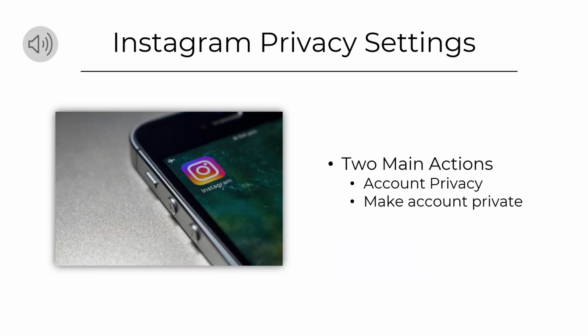So for setting privacy settings on Instagram, there are two main actions, whether it's on desktop or mobile. Those are finding the account privacy section and making the account private in the end.